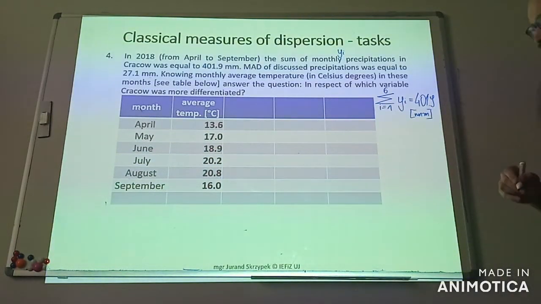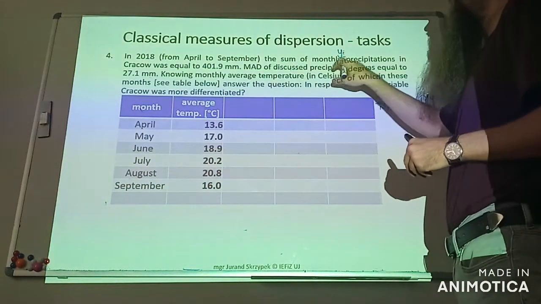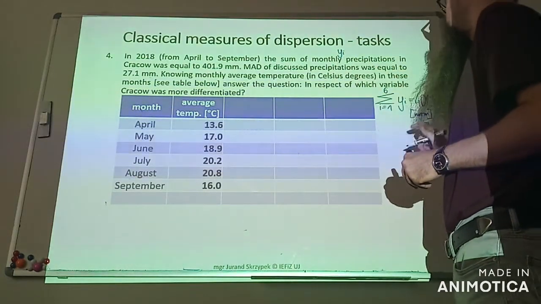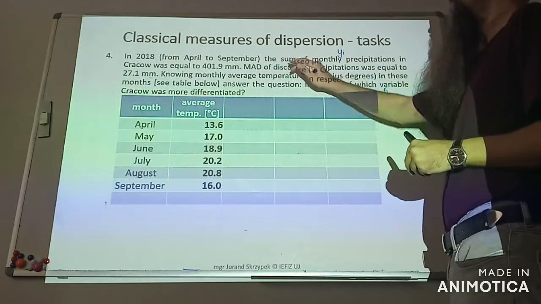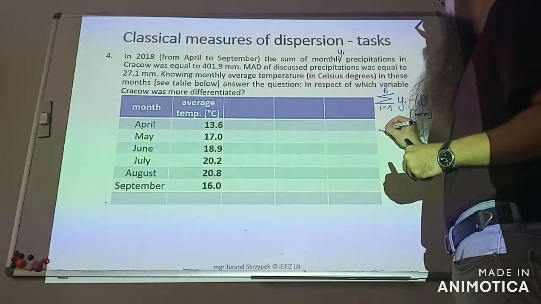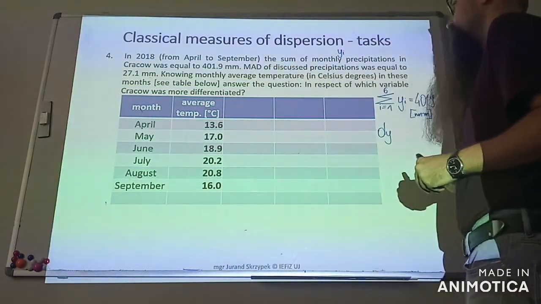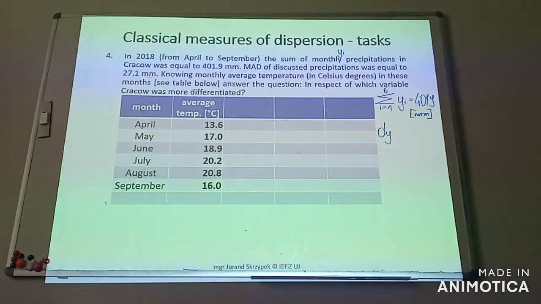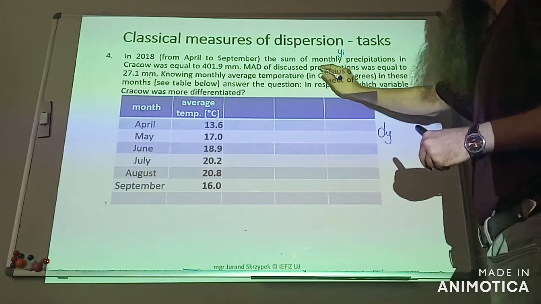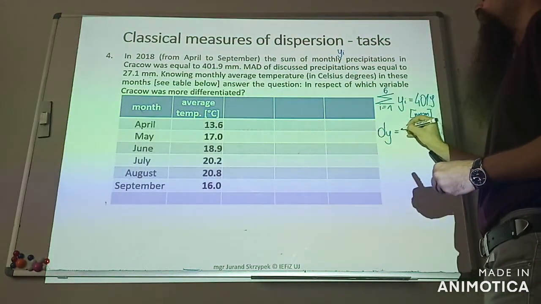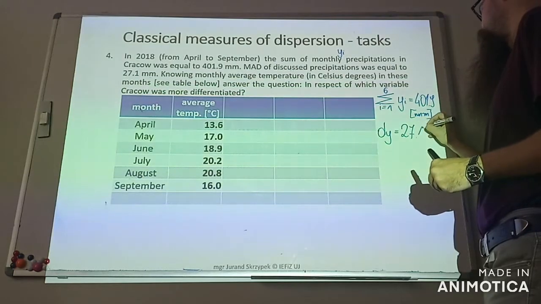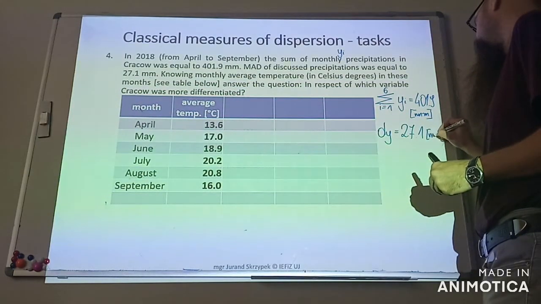Okay, I have another piece of information about my variable y. The mean absolute deviation of the values of variable y of the discussed precipitations was equal to 27.1 millimeters.